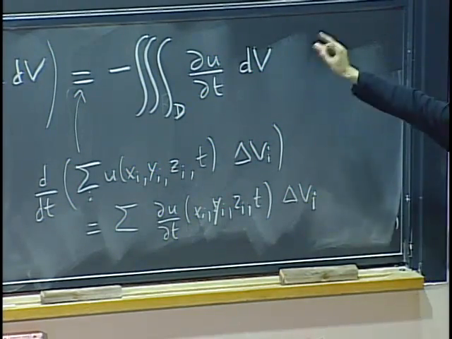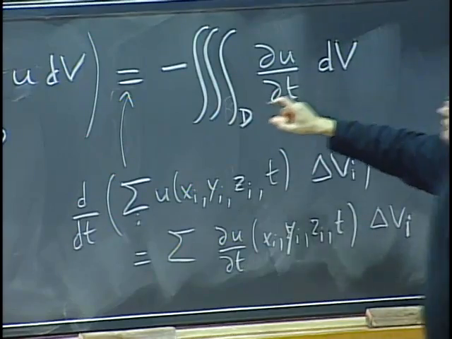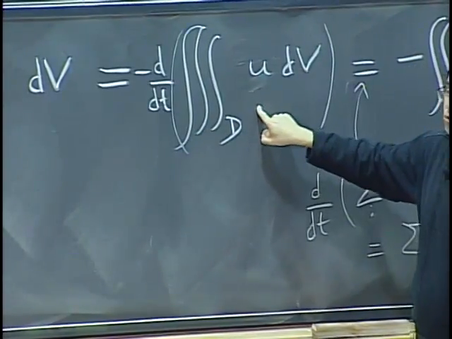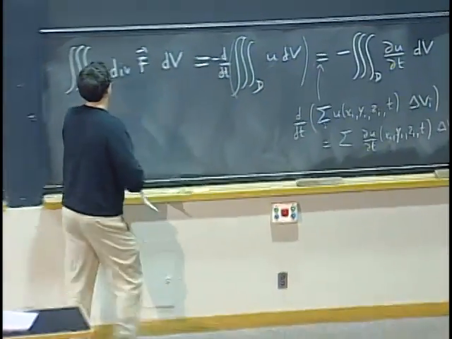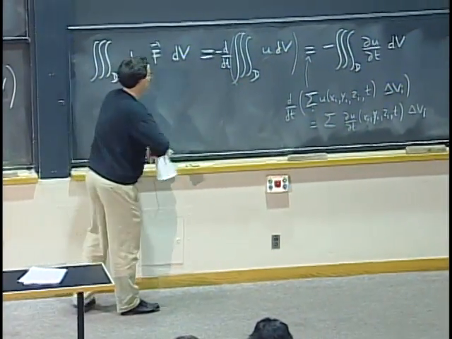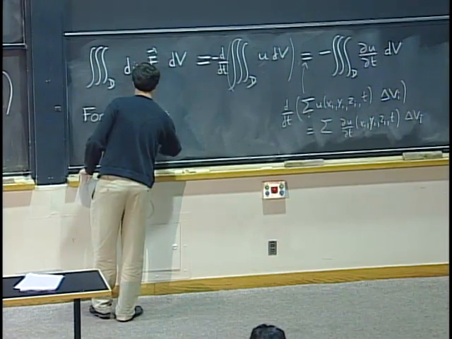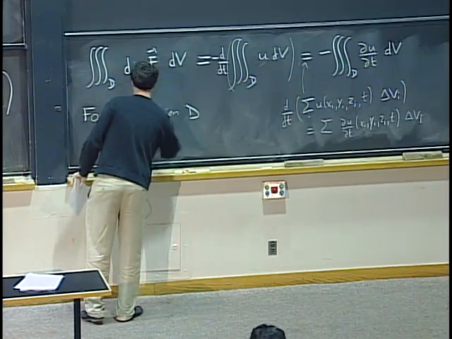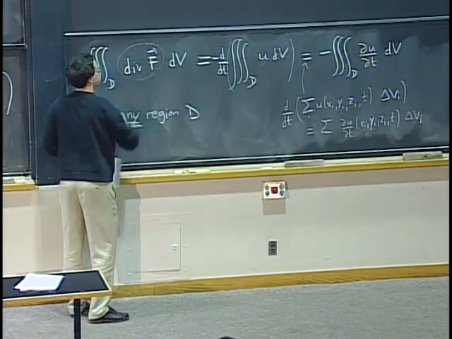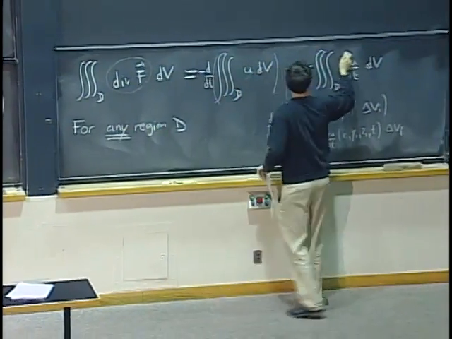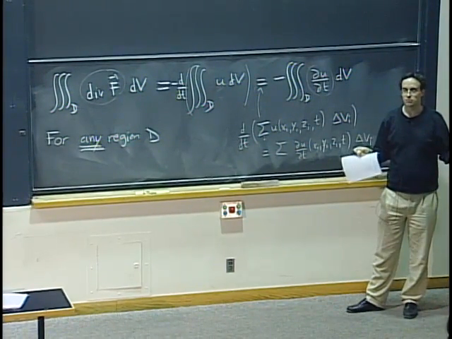So if you think about what the integral measures, that's actually pretty easy. And it's because this variable here is not the same as the variables on which we're integrating. That's why we can do it. Okay, so now if we have this for any region D, so we have a function of x, y, z, t, and we have another function here, and whenever we integrate them anywhere, we get the same answer.